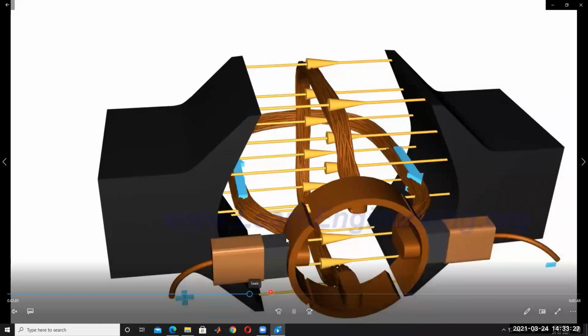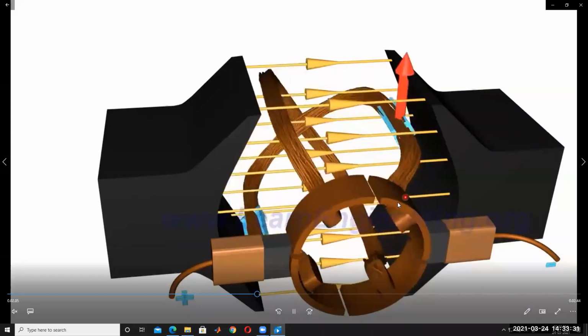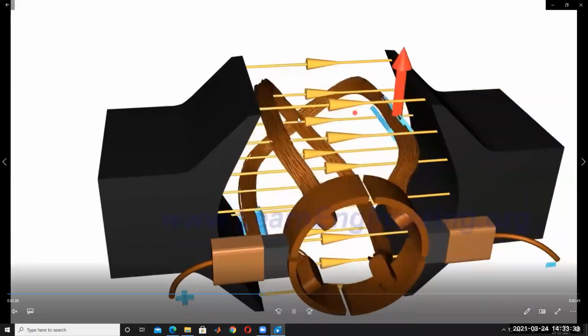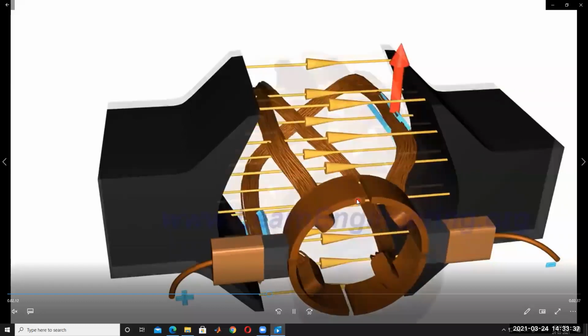In this winding also, and in this winding also, torque is developed, and smooth rotation is possible if you use more commutator segments.